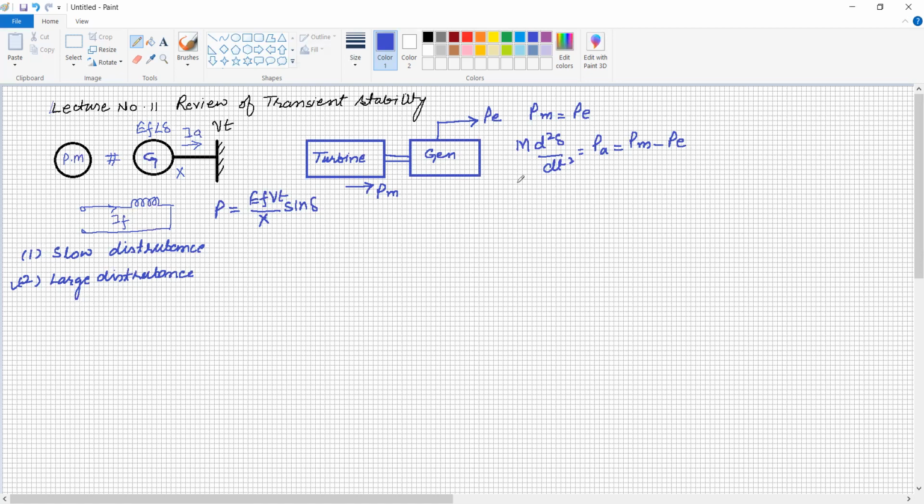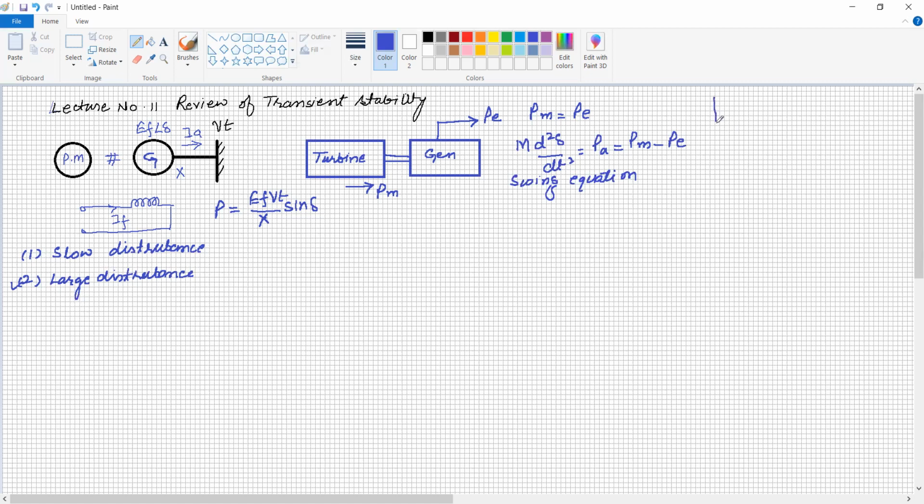This is called the swing equation. I'm not going to explain each and every derivation of transient stability. To understand the improvement of transient stability with the help of FACTS devices, we are taking a review of transient stability.